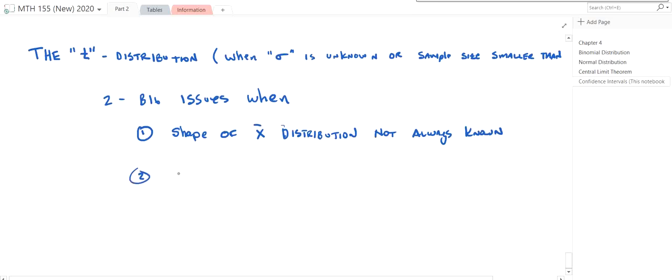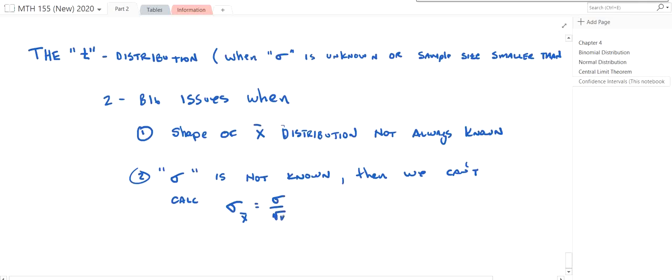So if sigma is also not known, then we can't calculate the sigma of our sample mean distribution, which equals sigma over square root of n, because we don't know what sigma is.